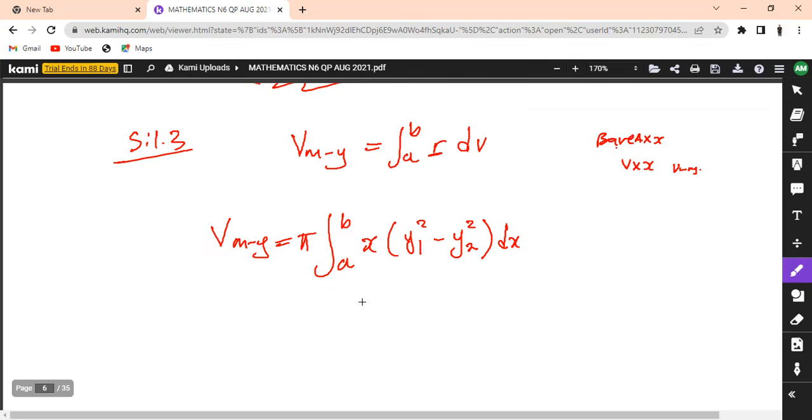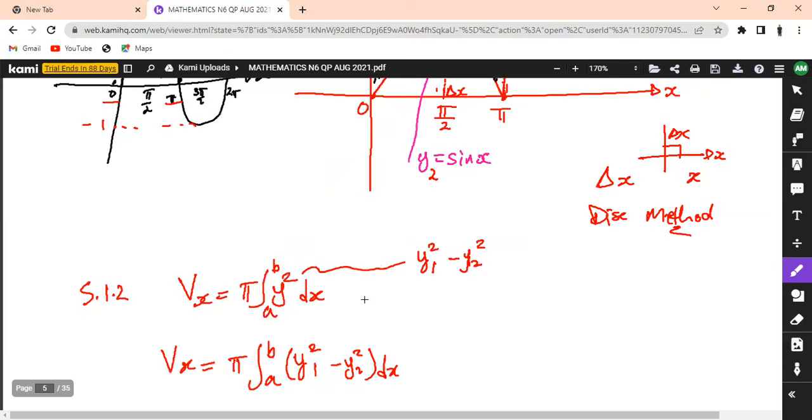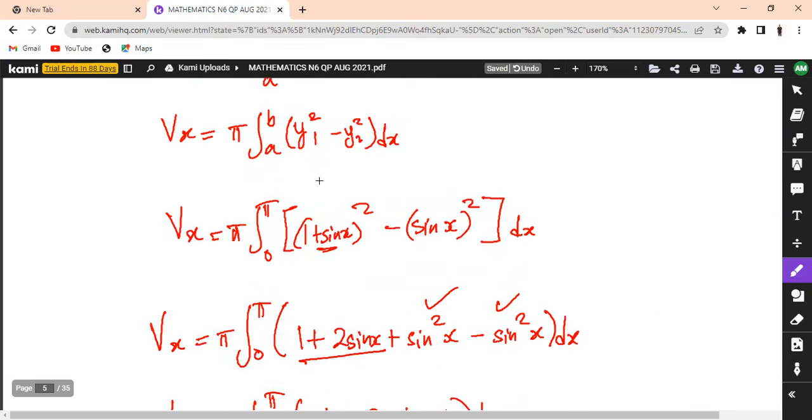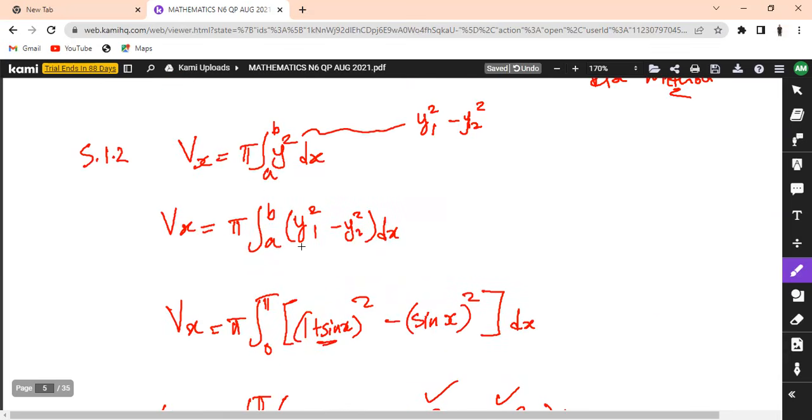And it's just a matter of substituting, guys. As you can see, the volume moment with respect to y is going to be, the limits are still the same from 0 to pi. Remember the ones that we had here, 0 to pi. And y1 minus y2, this stage, y1 squared minus y2 squared is just one and the same thing.